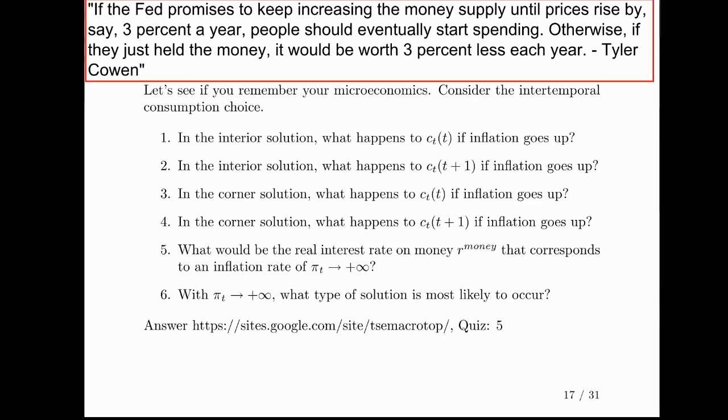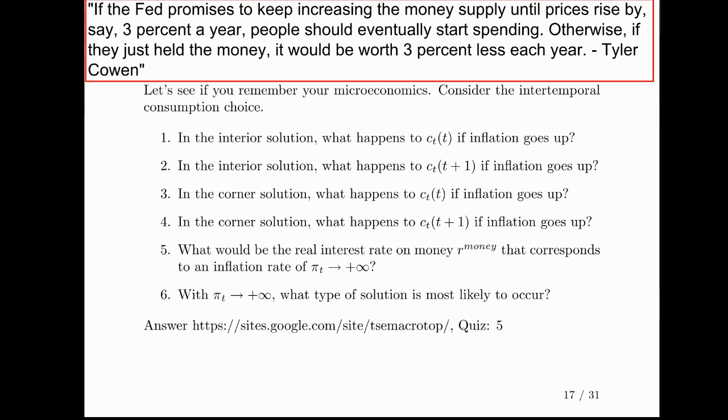But there is one reason why. So now we're not talking about consumption in the future, but consumption now. If you remember your Slutsky decomposition, or maybe you haven't seen that, but I taught that in microeconomics before.